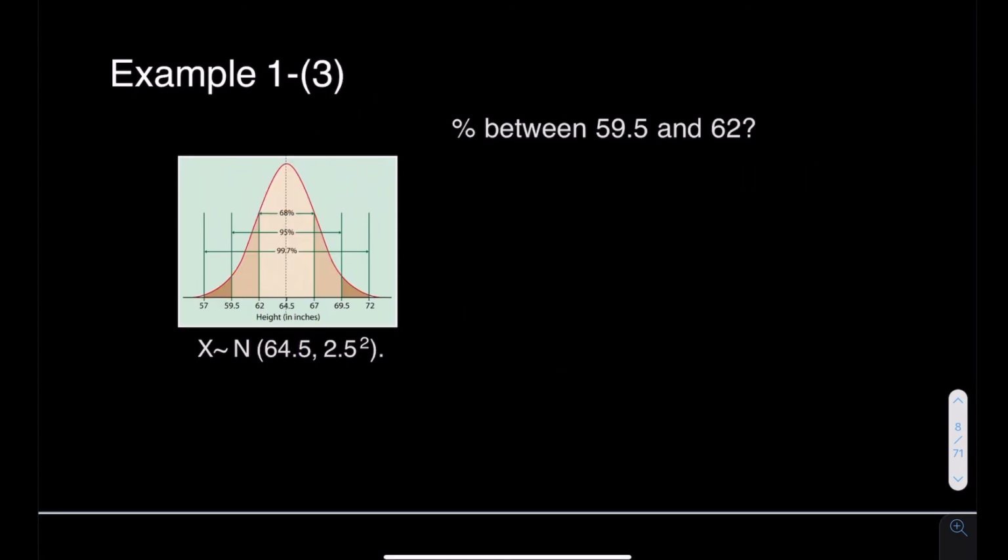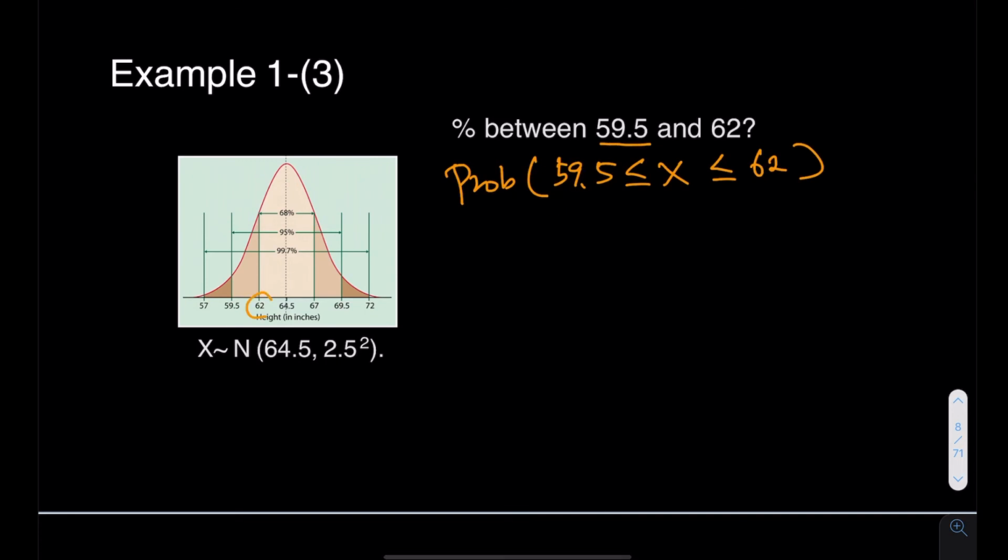Okay, the last question is a little bit more interesting. In this case, we want to know the probability that x is between 59.5 and 62. So 62 is the same boundary we have used before, but this is a new boundary.